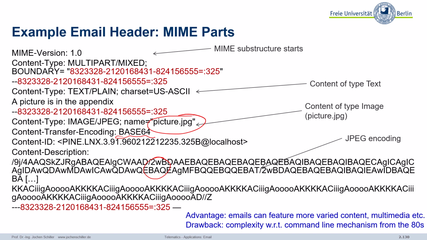Drawbacks: it's way more complex, so it's not this command line stuff where you can simply debug. So it's now a bit more complex, but it still works. Plus, this increases the size of an email. So if you have a JPEG of, let's say, 3 megabyte, if you encode it base 64, you will have 4 megabytes roughly.